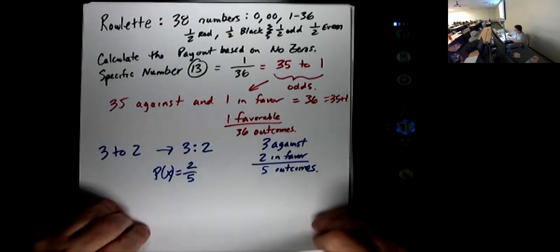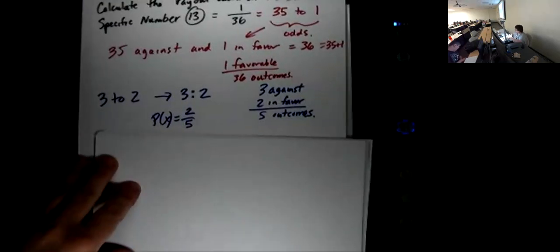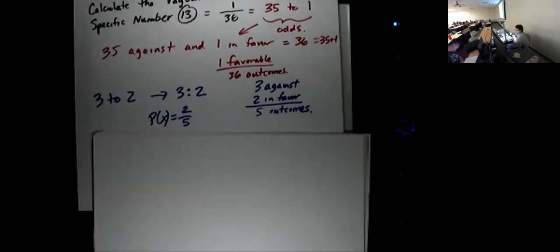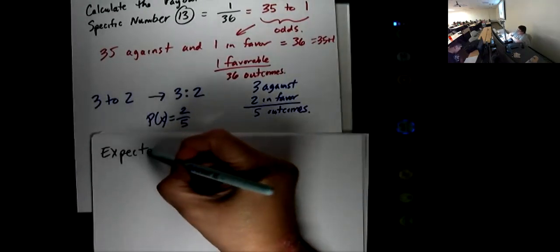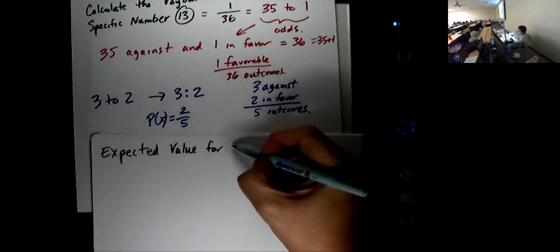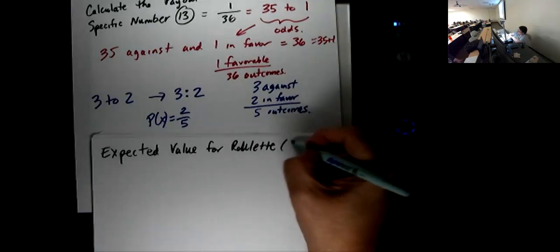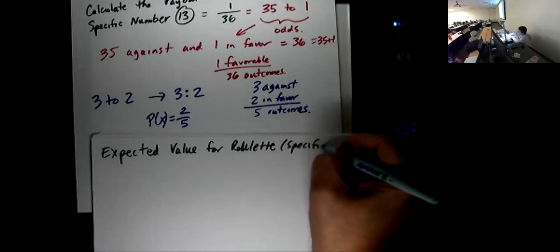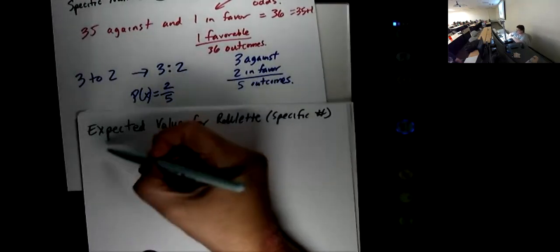Let's do the expected value for roulette, and we'll do a specific number. We need an X column and we need a P of X column.